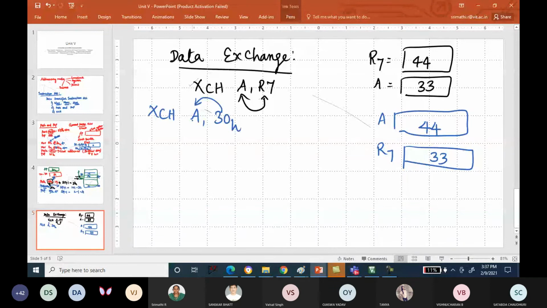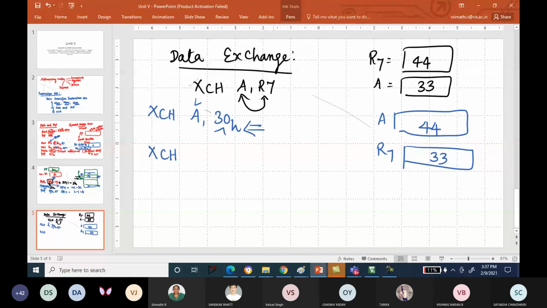You had read 4 types of addressing mode: immediate, register, direct, indirect. It is direct, because you are giving the address of the data.